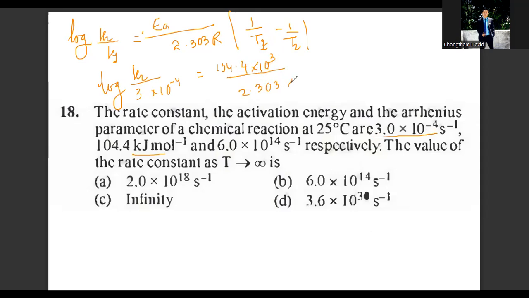You should learn by heart the product of R and 2.303, that will save your time in the exam hall. 298 minus, so you are about to find the rate constant as the temperature tends to infinity, so 1 by T would tend to 0. Clear?